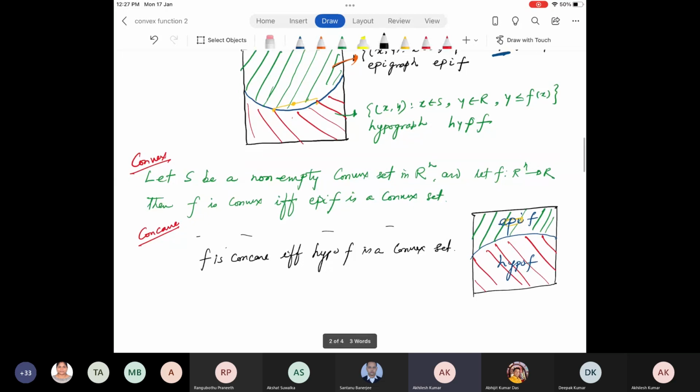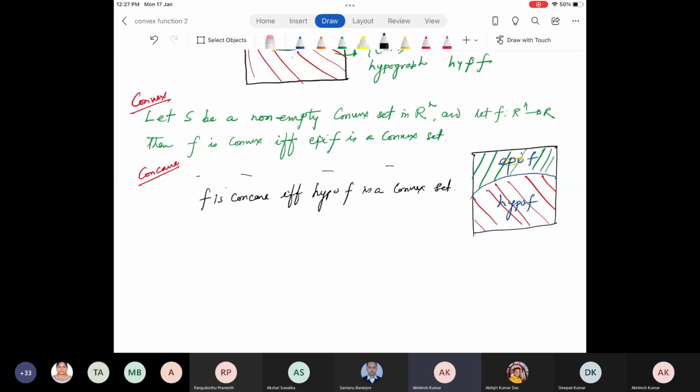So I said before getting into the subgradients, I wanted to discuss the hypograph and epigraph. The reason being, for convex, epigraph of F is a convex set, and for concave, hypograph of F is a convex set. This gives a lot of interesting results.